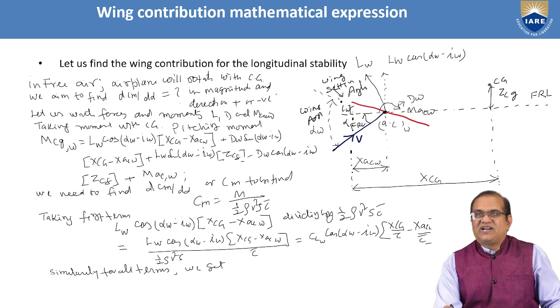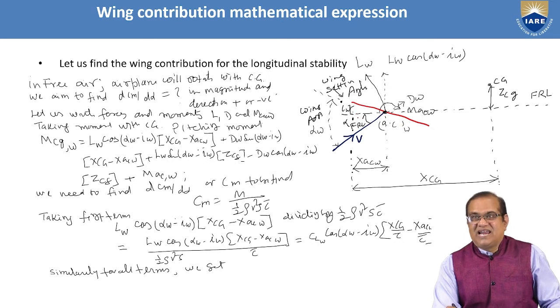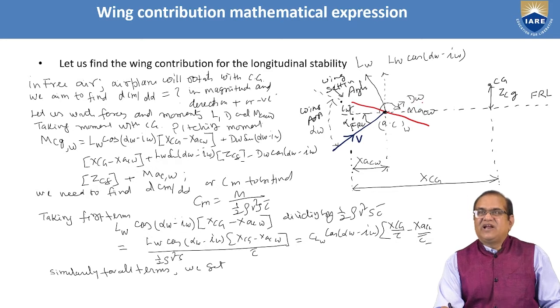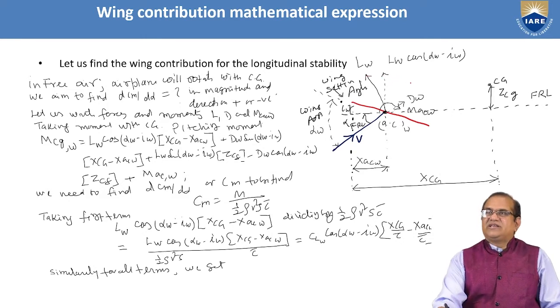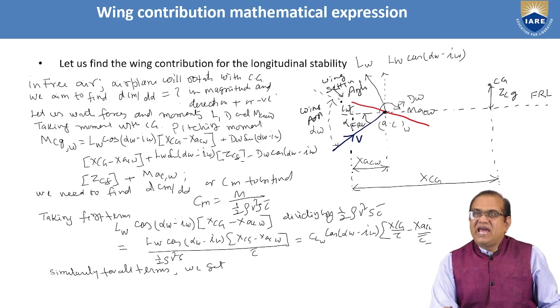This angle, alpha W minus IW, means alpha FRL. In the same way, for the drag also, we will have one vertical and one horizontal component. And here is MAC, the moment due to the aerodynamic center. If the wing is cambered, some value will be there, and it is represented at the aerodynamic center.